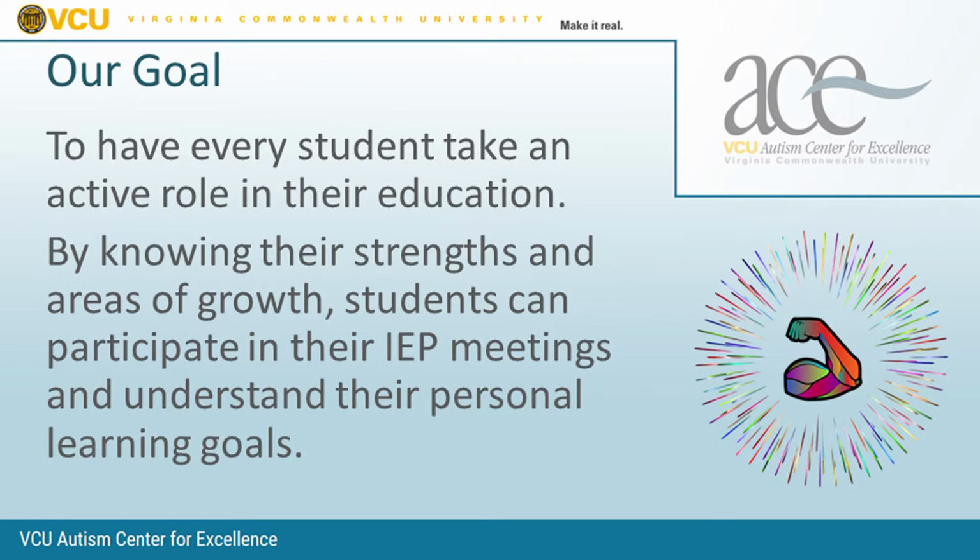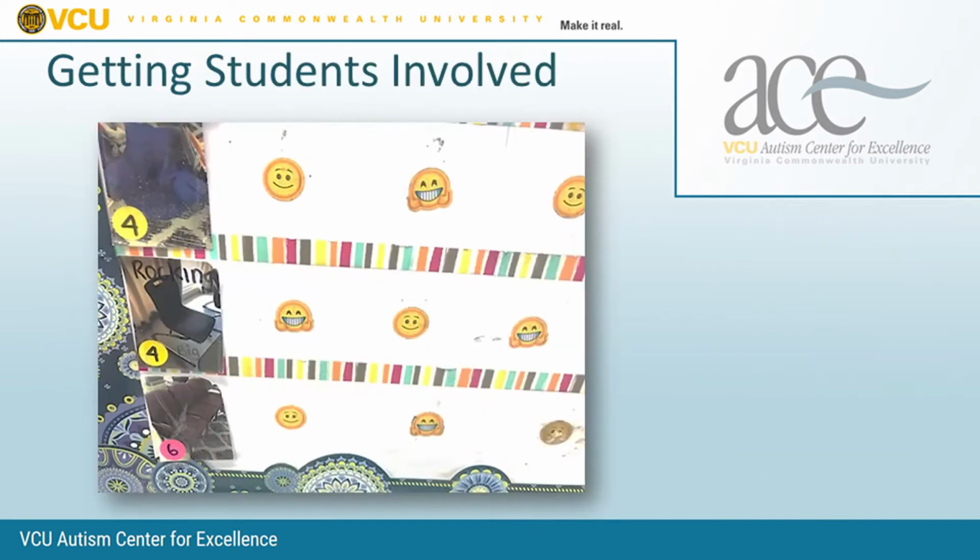By knowing their strengths and their areas of growth, they can participate in their own learning, they can set personal learning goals, and in the case of what we're trying to do, they can participate in their own IEP meetings. Our goal for today, as you watch our webcast, is to be able to implement some of these things within your classroom and encourage your students to take an active role in their education as well.